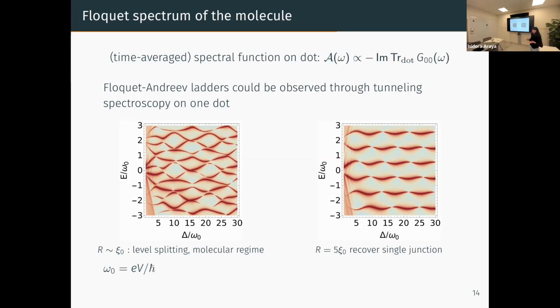This is really a sign of coupling, very analogous to the equilibrium case. This splitting of the levels will decrease exponentially with the distance, so that when I'm at 5 coherence lengths, I recover the single junction spectrum.